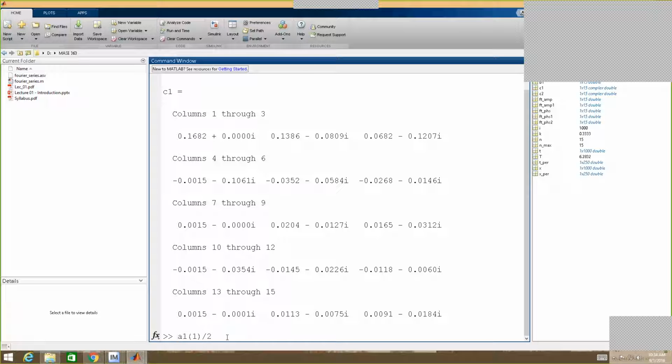Alright, so let's see x reconstructed plus A1, 1, 2 times cosine of 2 into pi over T times t.